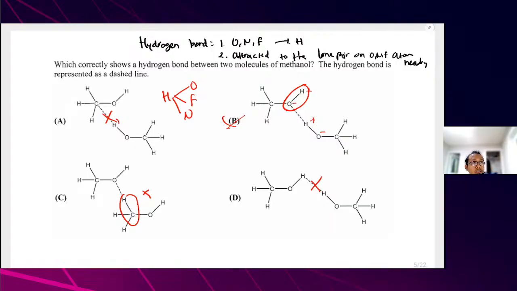So the interaction is we need to know that the NOF will be bonding with the hydrogen with a lone pair of electrons of this one. Like I mentioned, it attracts to the lone pair on a nearby atom.